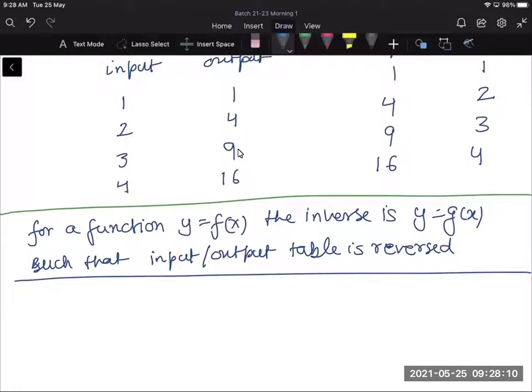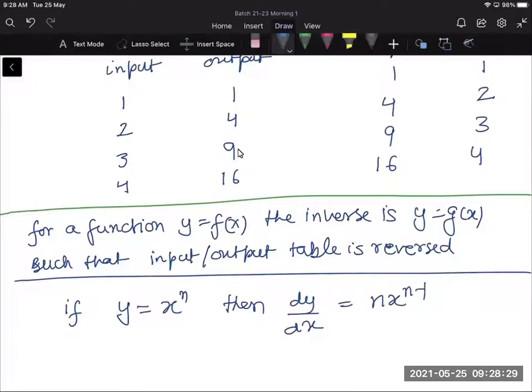Okay. So now let's get to the heart of calculus. So I had written in the last class that if y is equal to x raised to the power n, then dy by dx is equal to nx raised to the power n minus 1. Right now, I hope that everybody agrees with this.